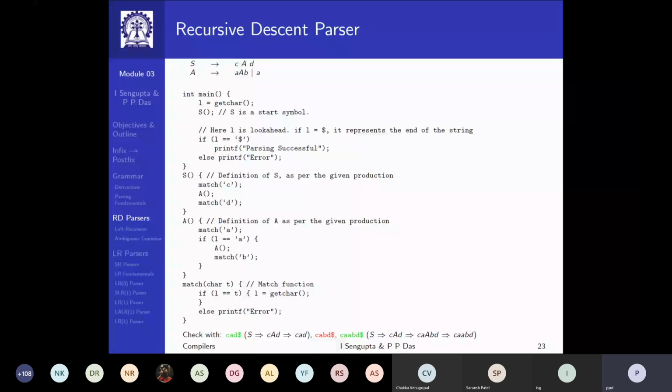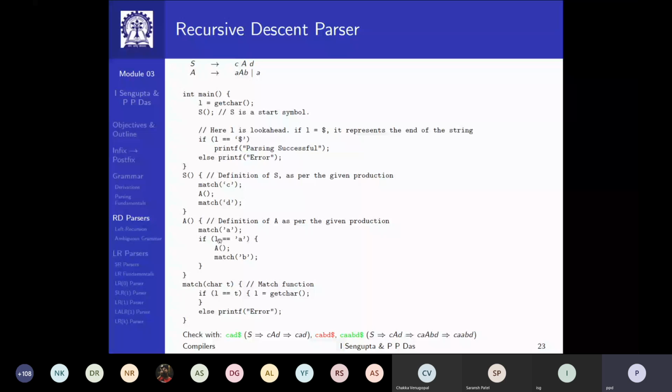You're saying this is A. What does that mean? That means that you have analyzed to see that anything that I derive from A must start with the terminal symbol. This is the critical observation that you are making here, so that you can make this comparison.